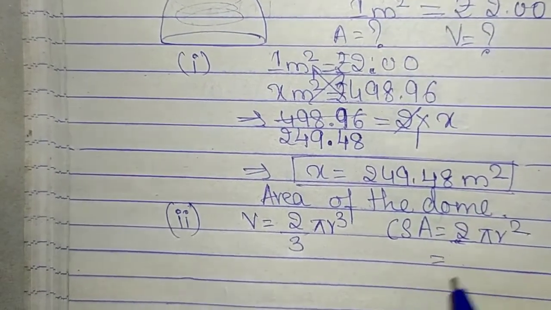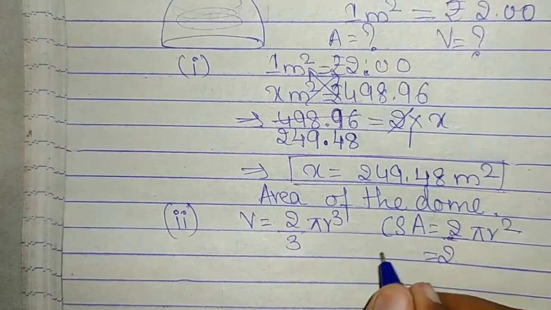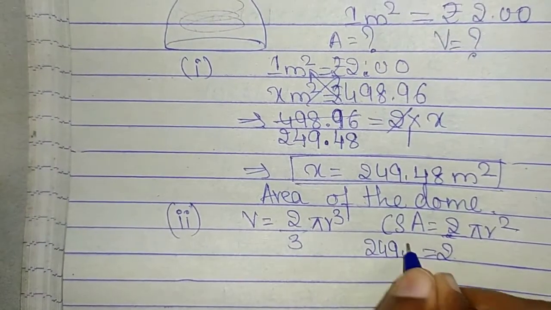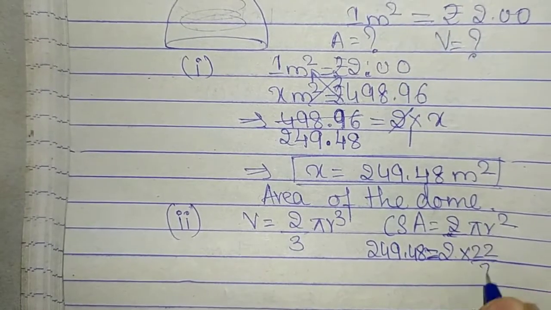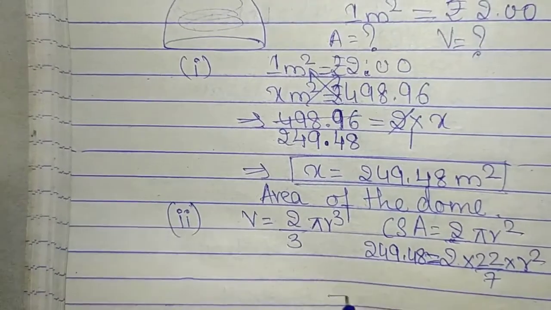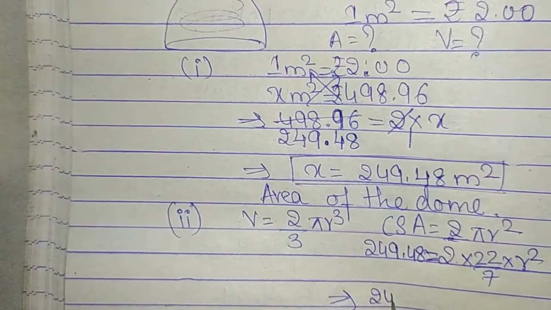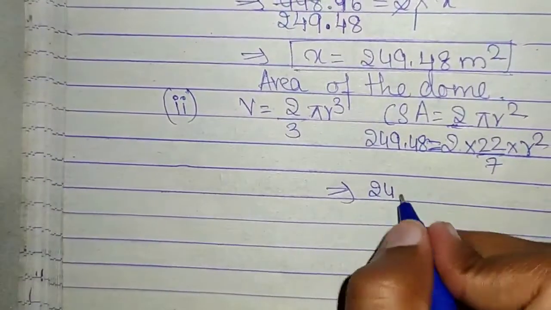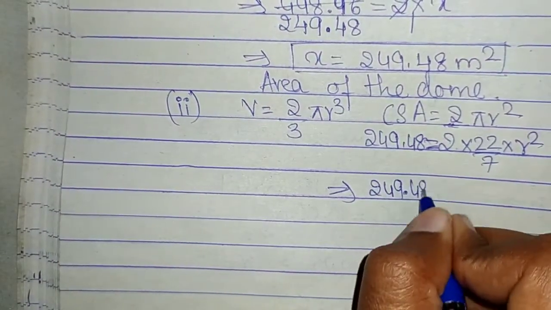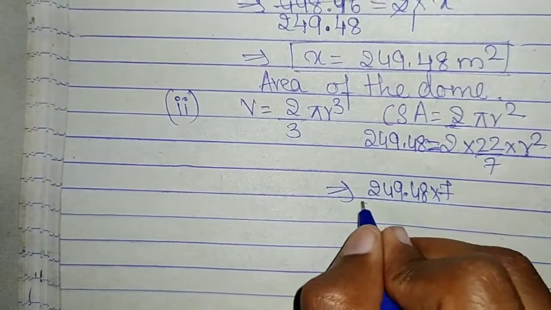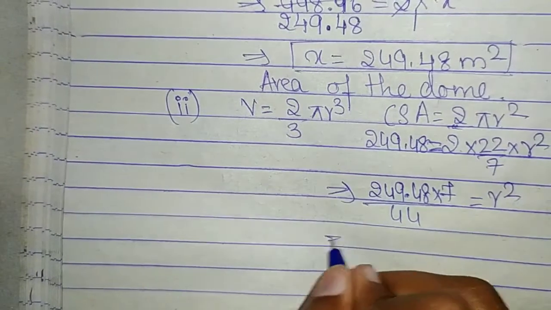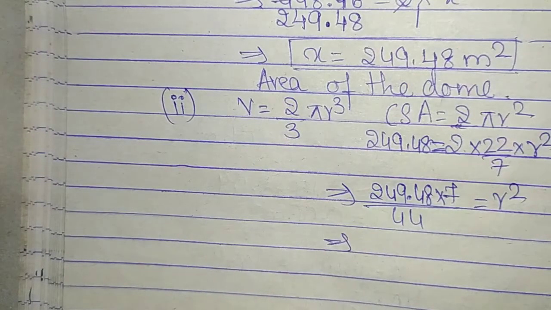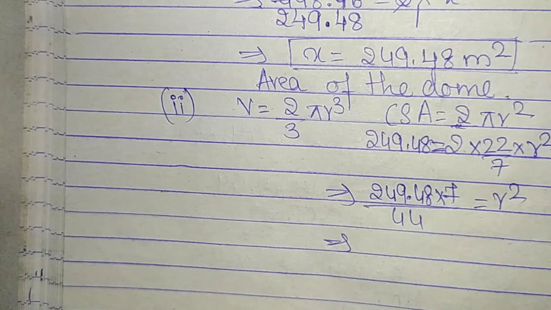So CSA is 249.48, which is equal to 2 into 22 by 7 into r square. On transposing, we get 249.48 into 7 divided by 44 is equal to r square.